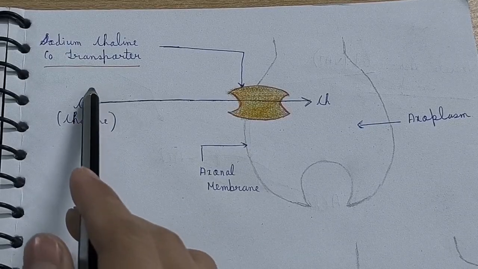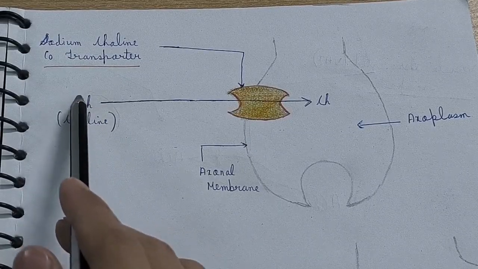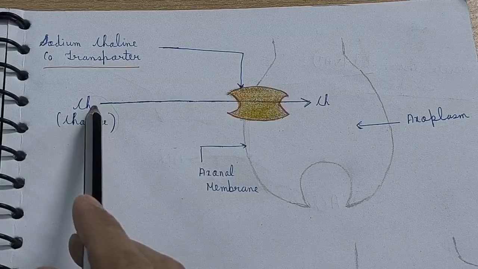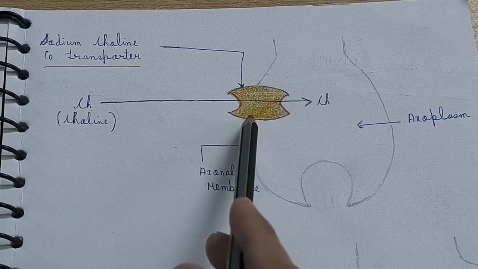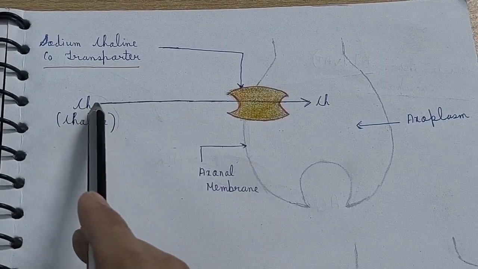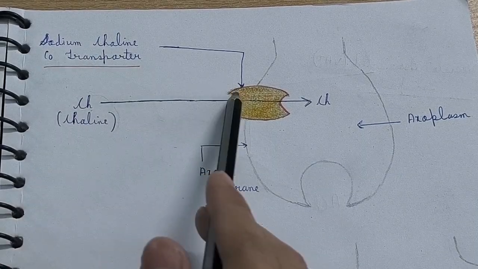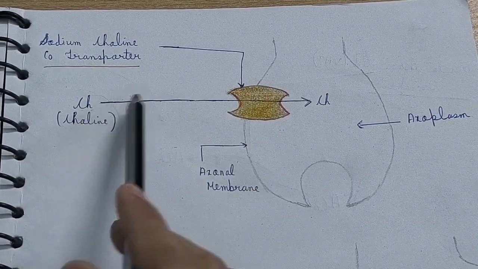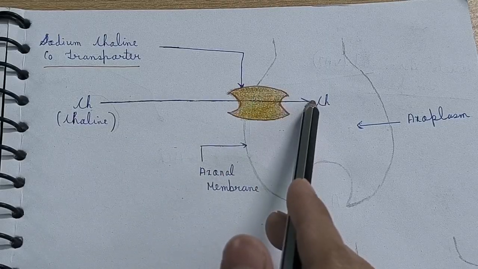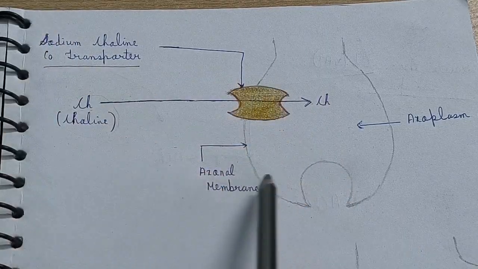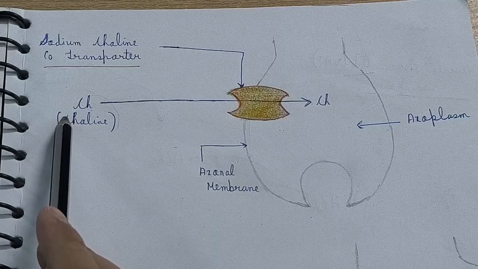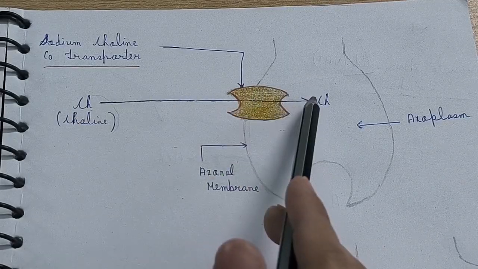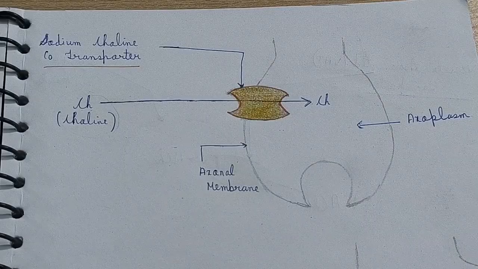Choline is an amino acid that initially stays outside the axoplasm of the axon terminal, but through this sodium choline co-transporter, choline is transported from outside to inside of the axoplasm.